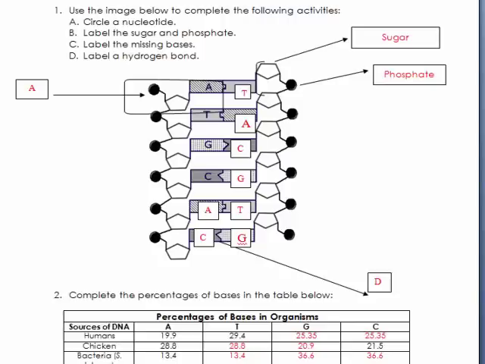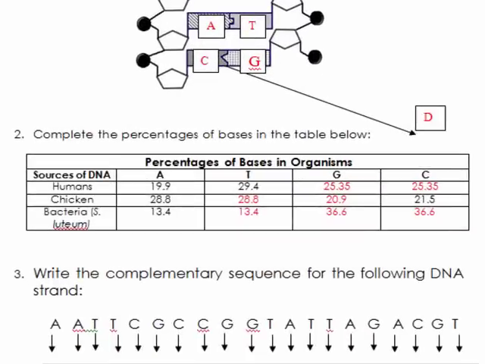Complete the percentages of bases in the table below. Let's review. Remember to go back to Chargaff's rules, stating that percentages of adenine and thymine are almost equal in organisms, as well as percentages of guanine and cytosine. So in this first activity, it shows humans have 29.9% adenine, 29.4% thymine.